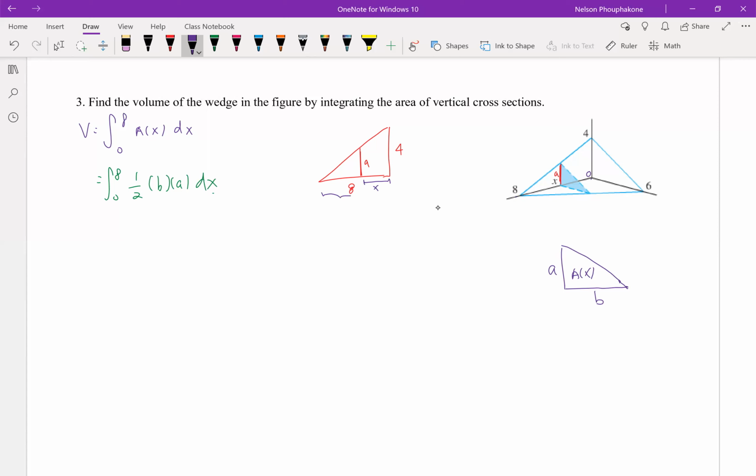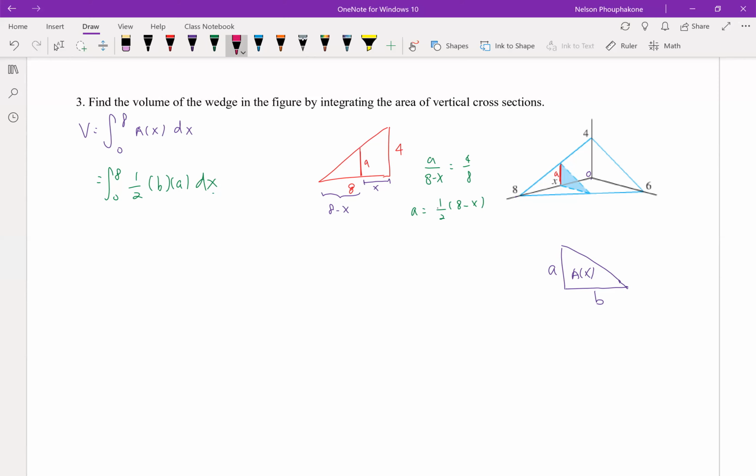Of course, from here to here will be h minus x. Then I have a over 8 minus x is equal to 4 over 8. So a is 1/2 times (8 minus x).